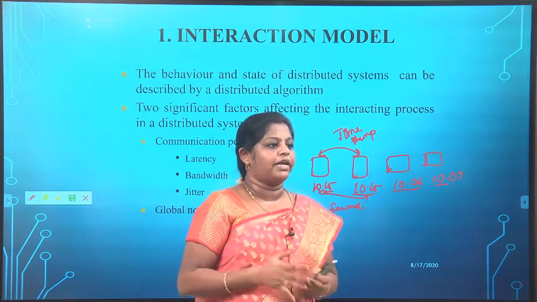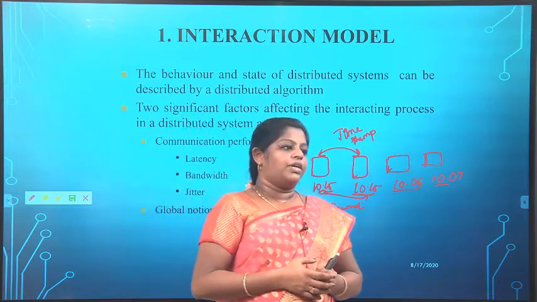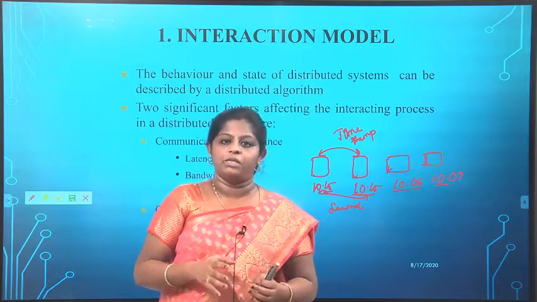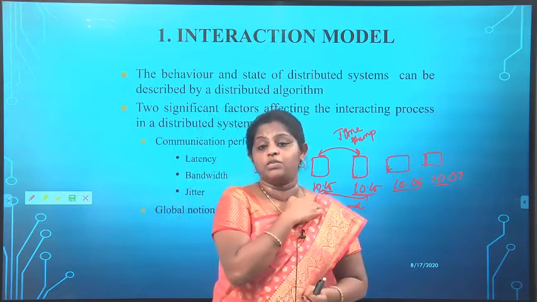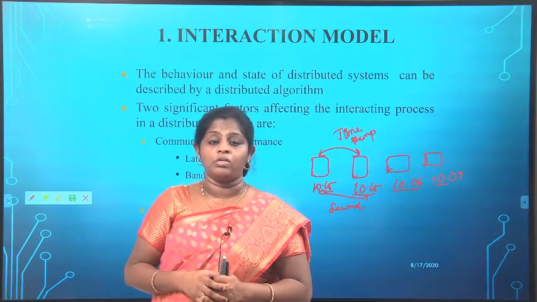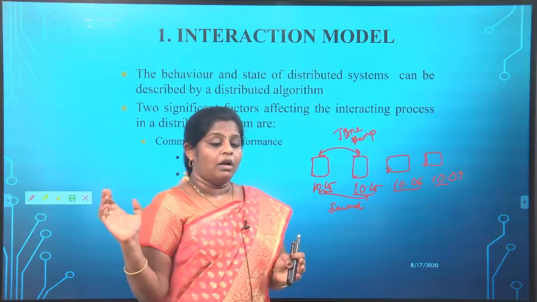There are several techniques to correct the timings on the computer clock. One technique is GPS, the Global Positioning System. In olden days we didn't have GPS or mobile phones. Now we have GPS in our mobile phones, so with the help of GPS, we can get the same timings in all.